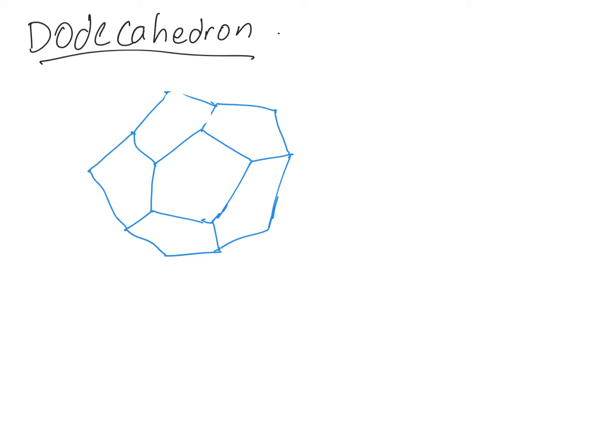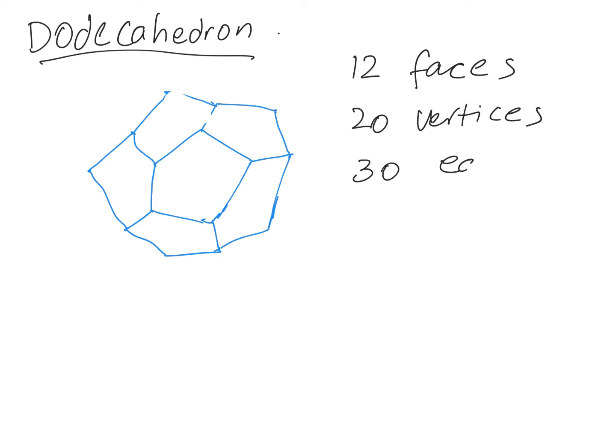So something like that. So the dodecahedron has 12 faces, 20 vertices, and 30 edges. And the faces are all regular pentagons.